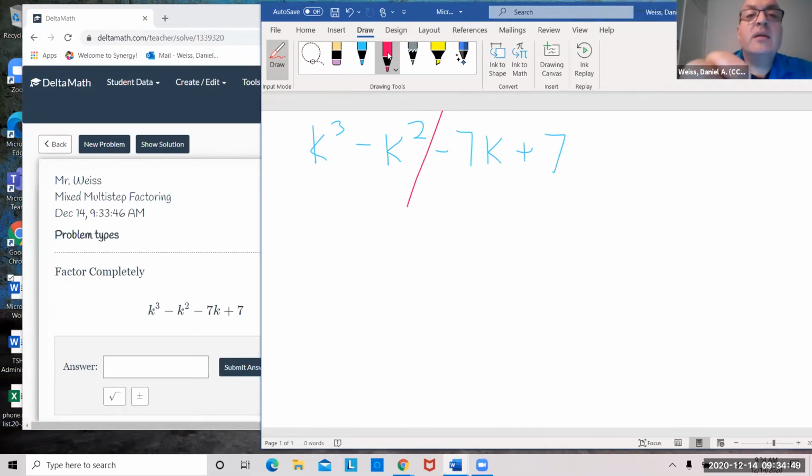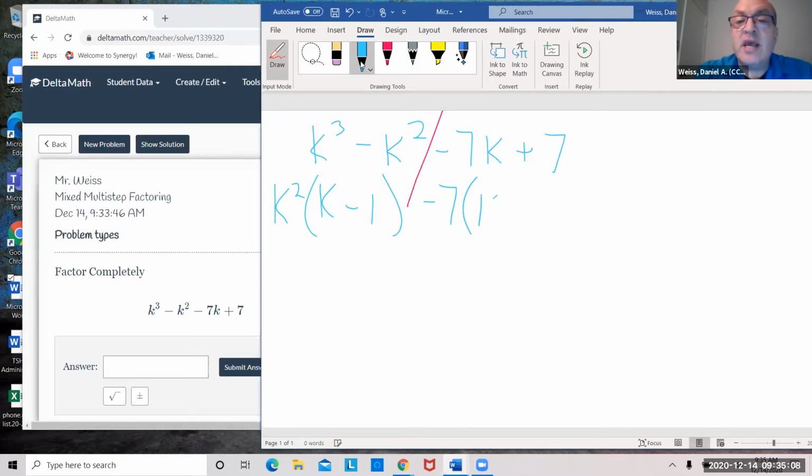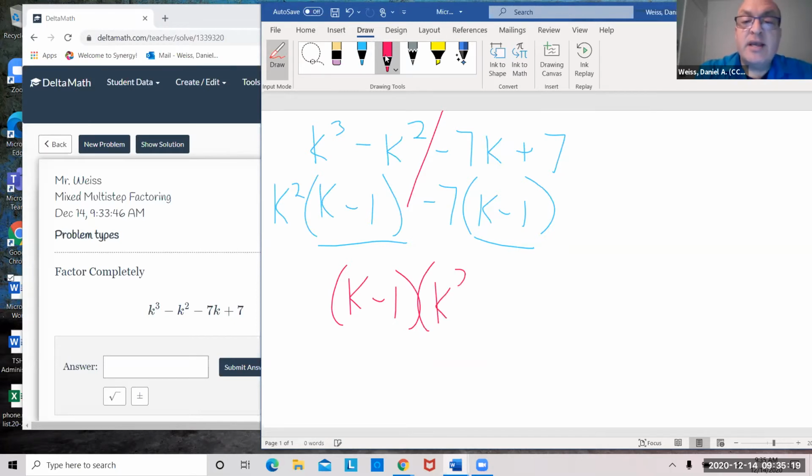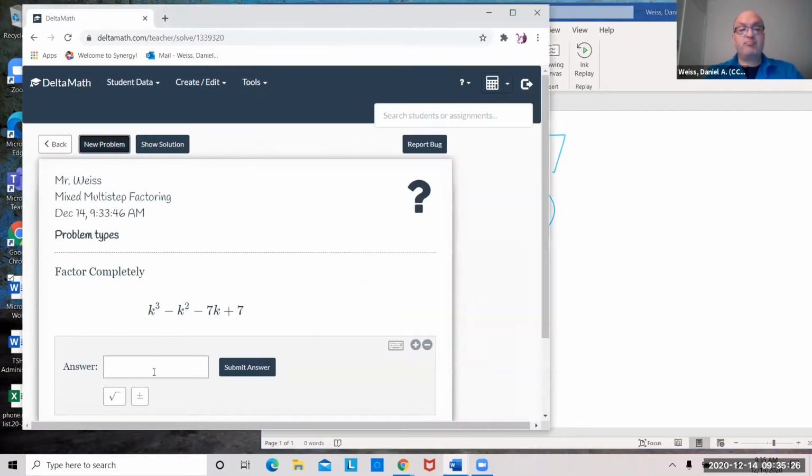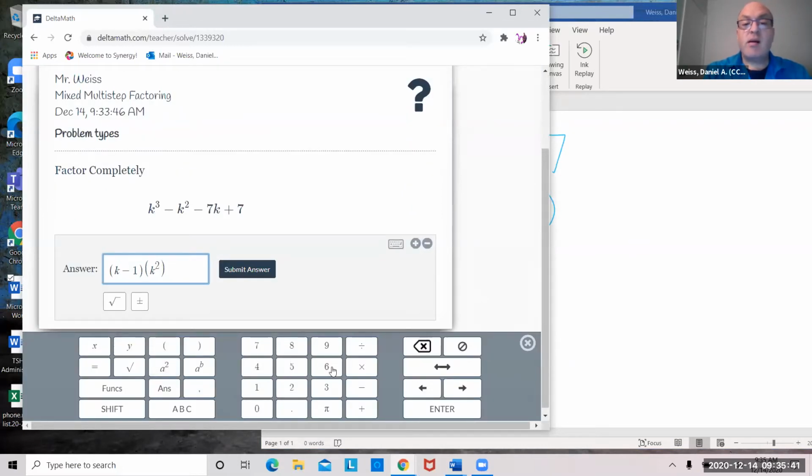First two terms, what's common to both? K squared. What are you left with? K minus 1. I'm going to take out this negative over here. What's left? Take out a 7. What's left? K minus 1. Now, once again, these two guys are common. You've got k minus 1 times k squared minus 7. This does not factor.